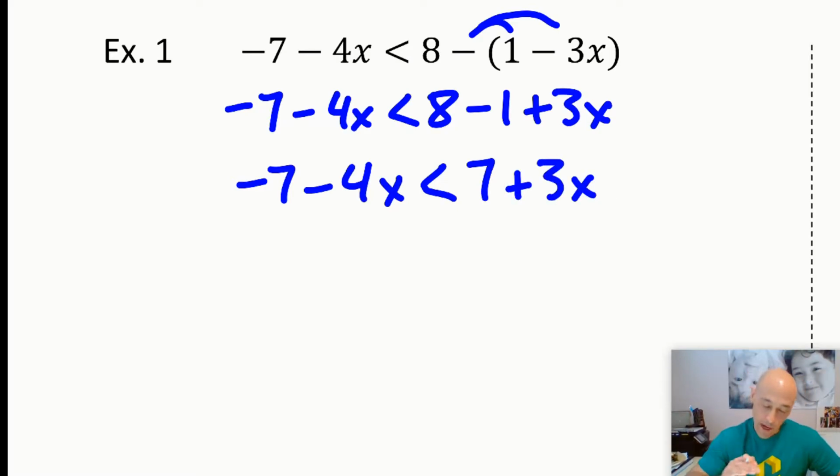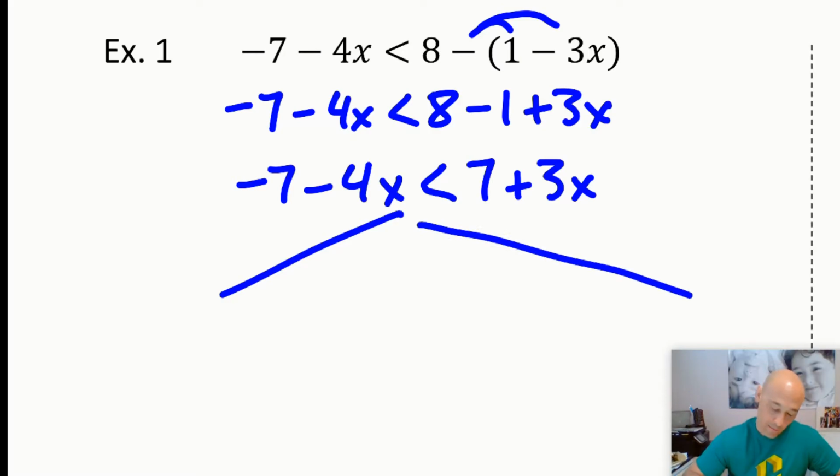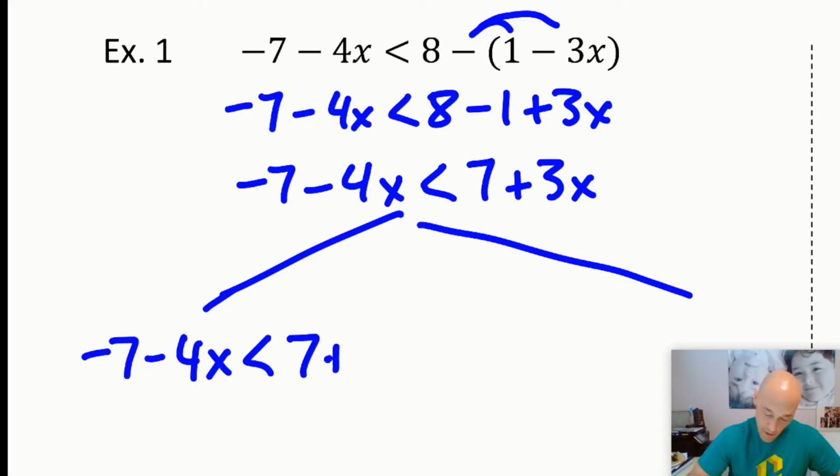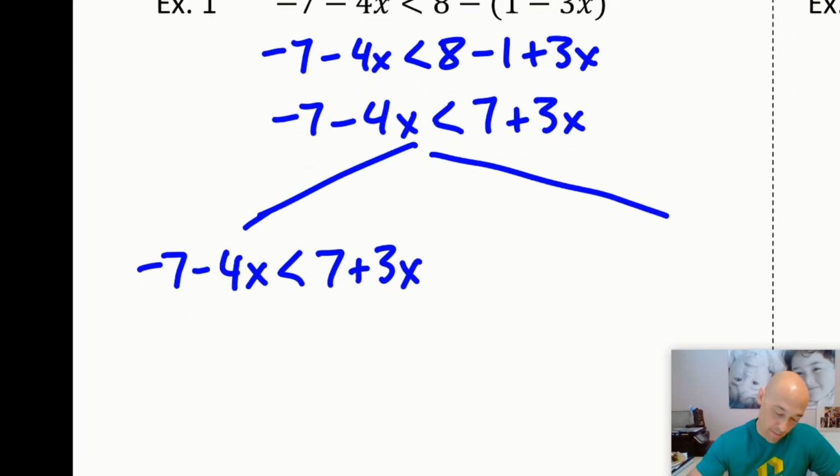Now, I'm going to write this two different ways. All right, let me see if I can make this clear. The first time, I'm going to make sure that we have a negative number to multiply or divide.